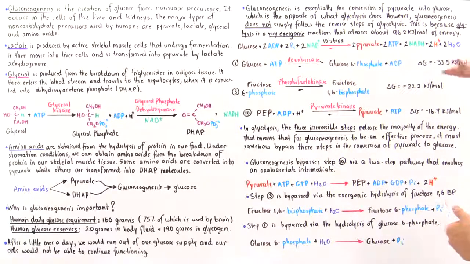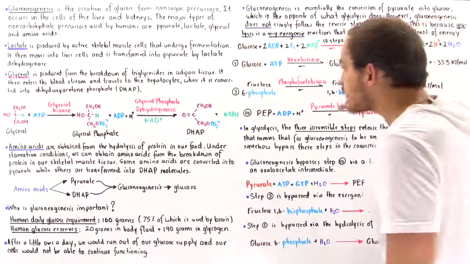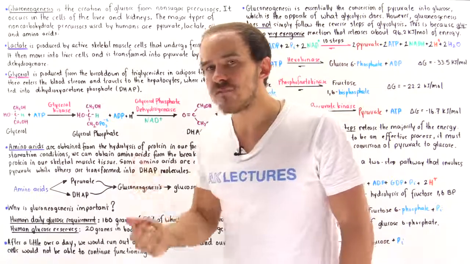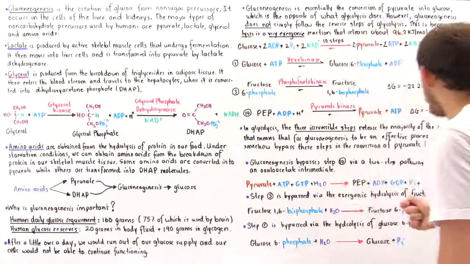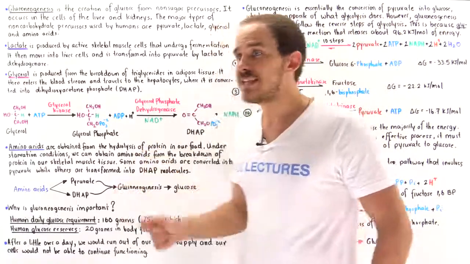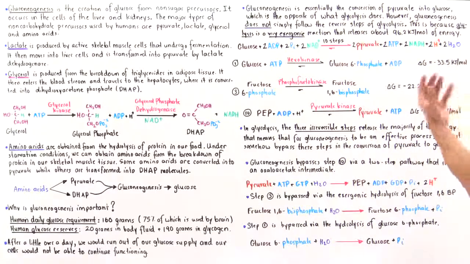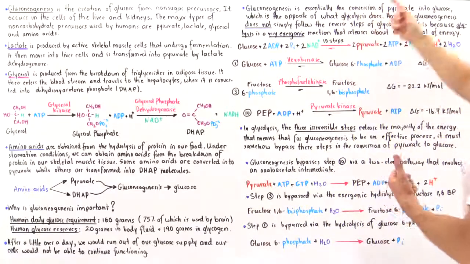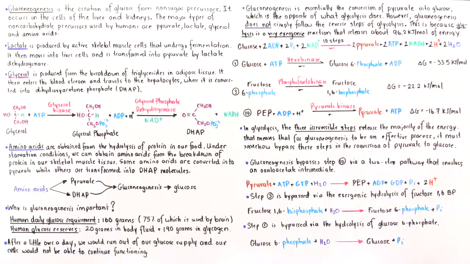Now, if we sum these values up, 33.5 plus 22.2 gives us 55.7, and then 55.7 plus 16.7 gives us 72.4. So basically, these 3 steps alone release 72.4 kilojoules of energy every time a single glucose molecule is broken down. And that makes up the predominant amount of this total 96.2 kilojoules per mole.